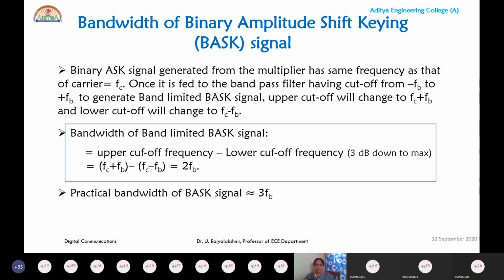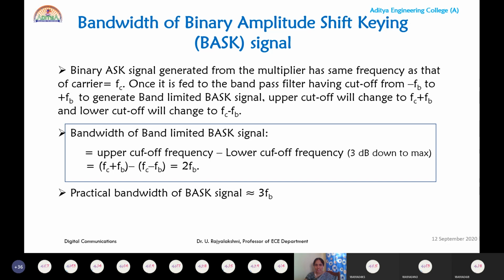The upper cutoff frequency is fc plus fb, because at fc you have the carrier frequency and our distribution ranges from minus fb to plus fb, so the upper cutoff will be fc plus fb and the lower cutoff will be fc minus fb. So the bandwidth of the ASK signal is the difference between the upper cutoff and lower cutoff frequency: fc plus fb minus (fc minus fb). So it will be 2fb.